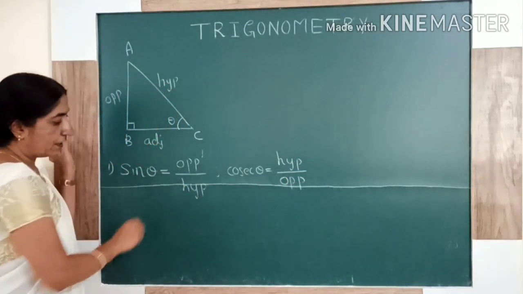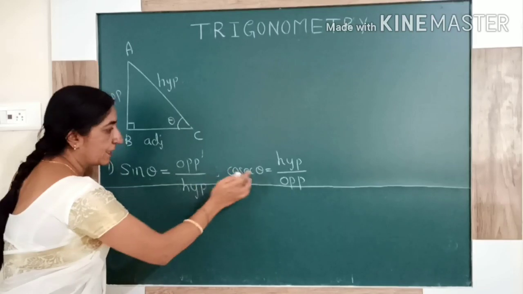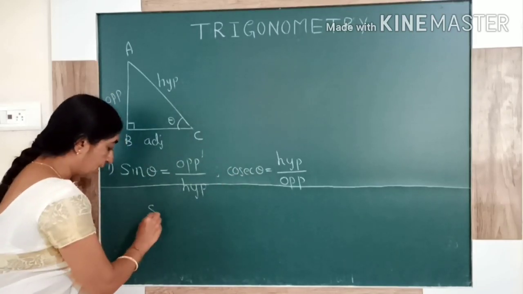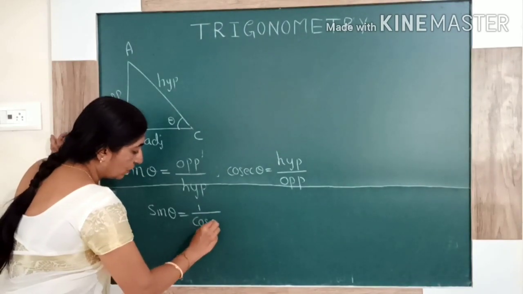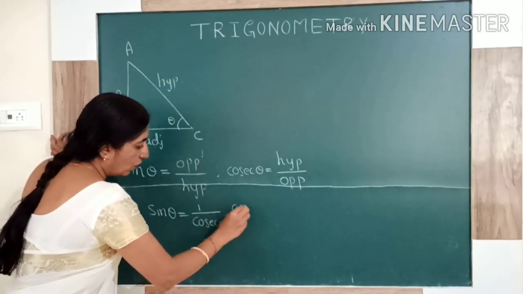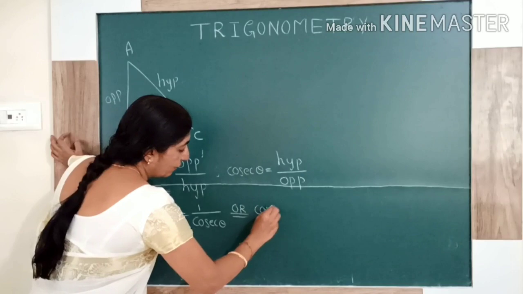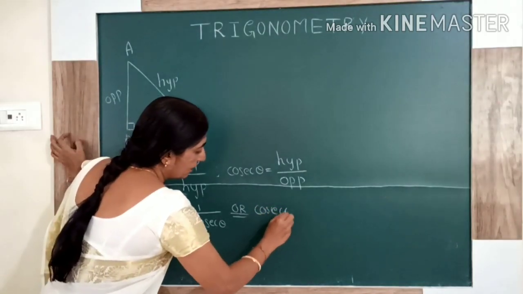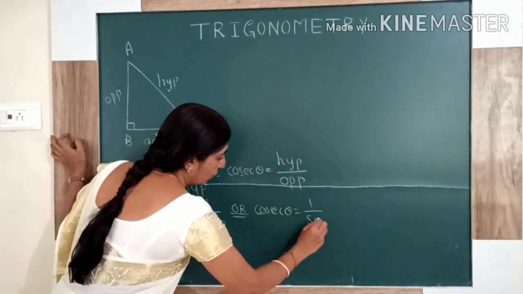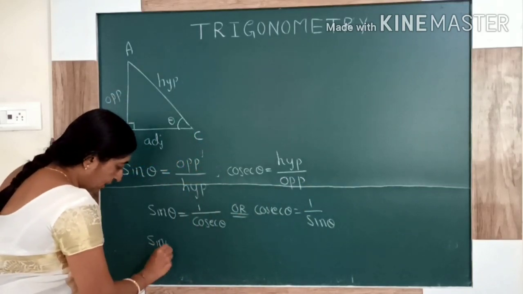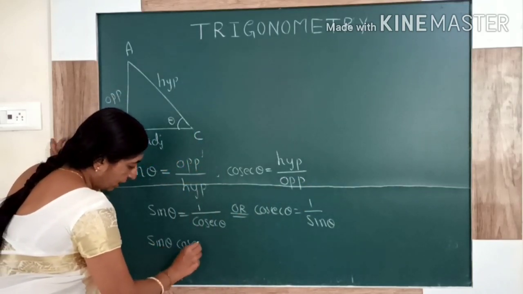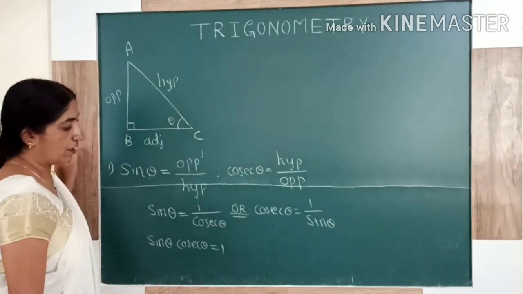See the students, here they are related. How are they related? The relation is like this. Sin theta is 1 by cosec theta, or cosec theta will be 1 by sin theta. Are they reciprocal or what? Yes. Then cross multiply: sin theta into cosec theta is equal to 1.